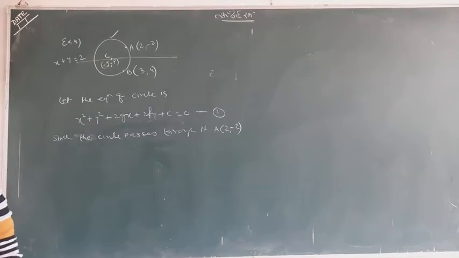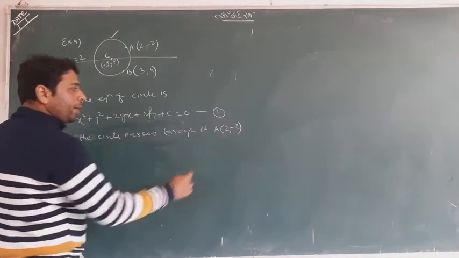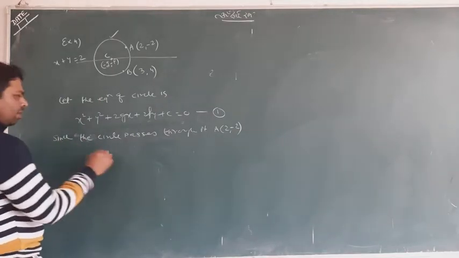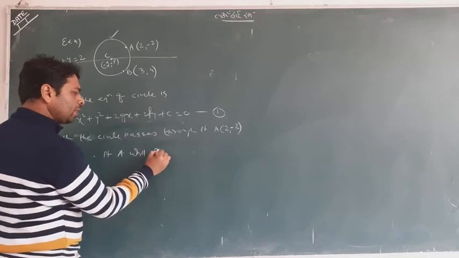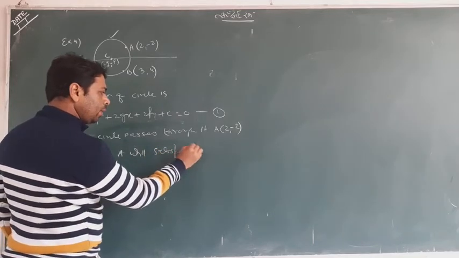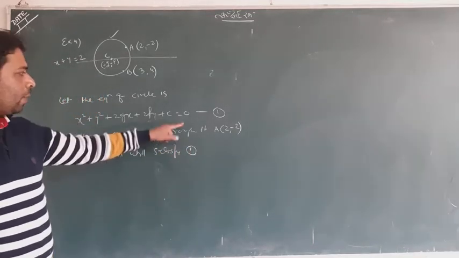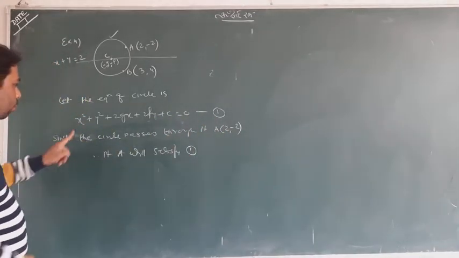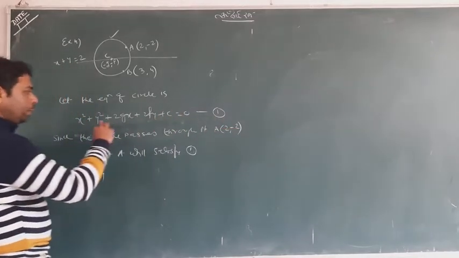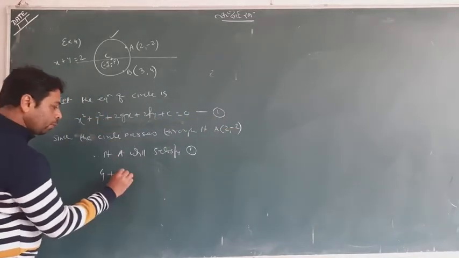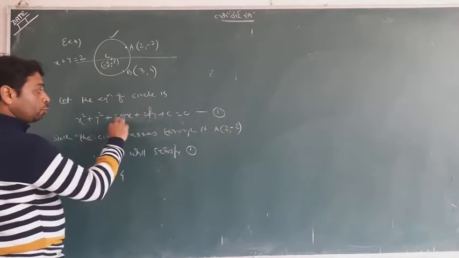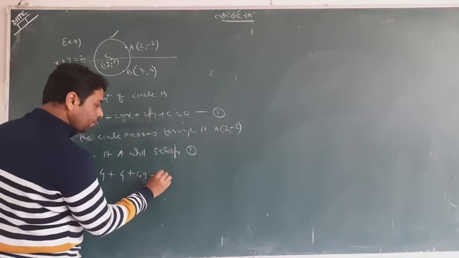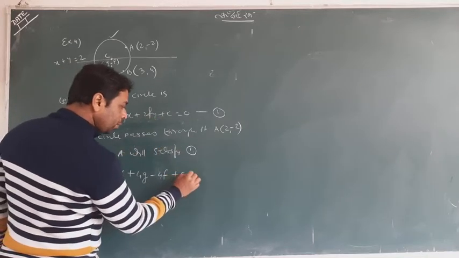First I start with A. The circle passes through A (2, -2), so point A will satisfy equation 1. Substituting: 2 squared is 4, (-2) squared is 4, 2g times 2 is 4g, 2f times -2 is -4f, and plus c is equal to 0.